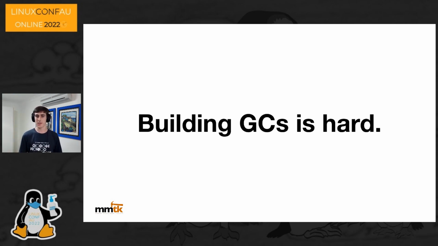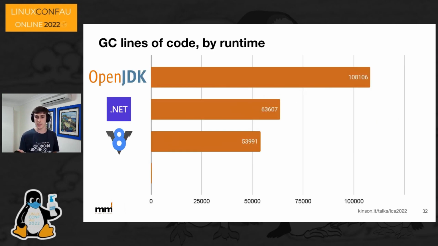But what working on this project has really taught me over the summer was that it's not just that building GCs is hard, it's the fact that building GCs into production-grade language runtimes is just so much harder again. Let's take a look, for instance, at some of the major VMs and see how big their GC runtimes are.